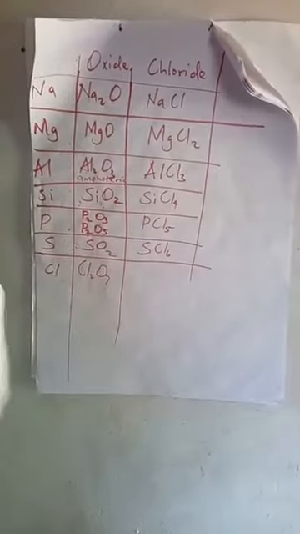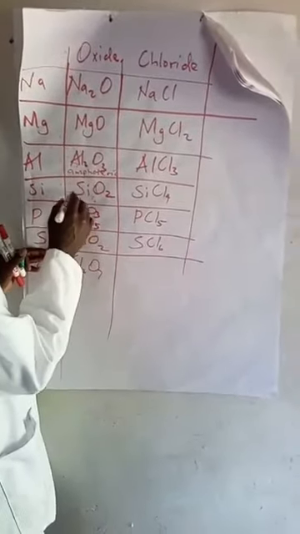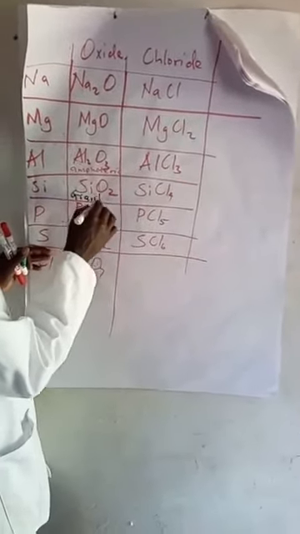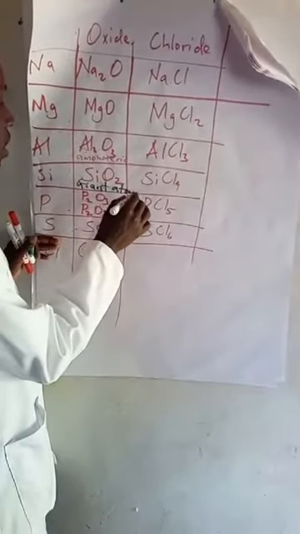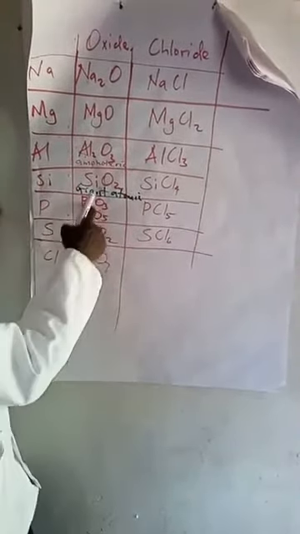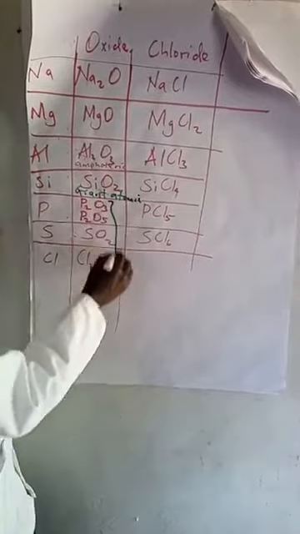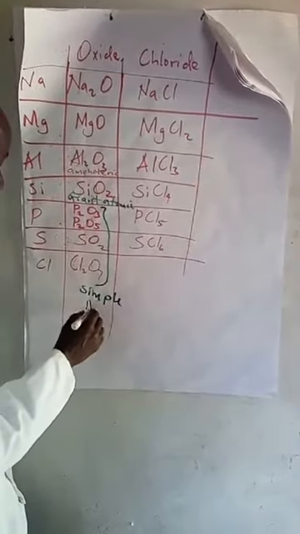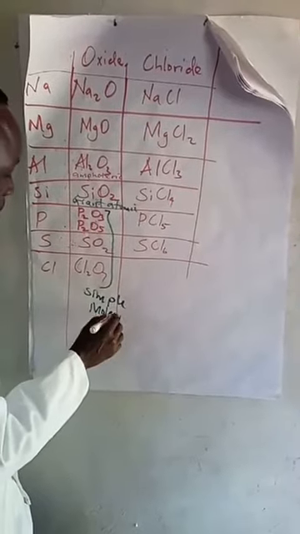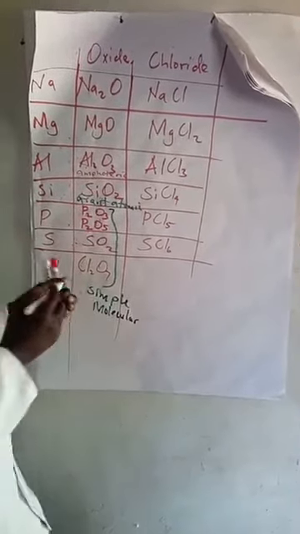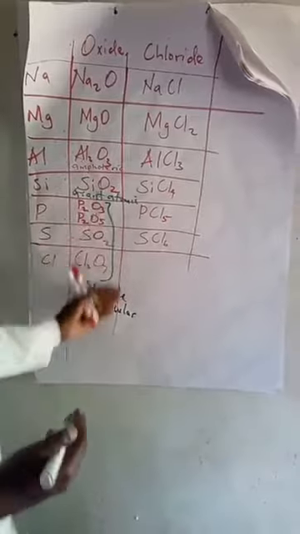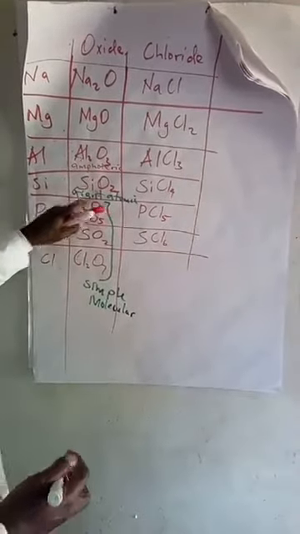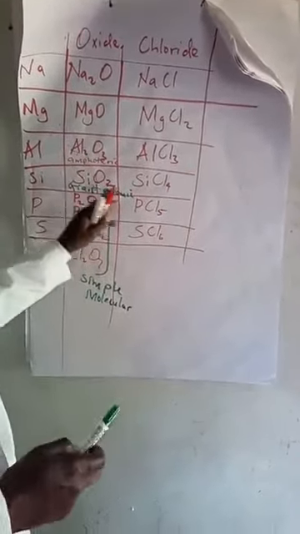The rest of these are simple molecular structural compounds. So these are simple molecular structures, and silicon 4 oxide is a giant atomic structure.